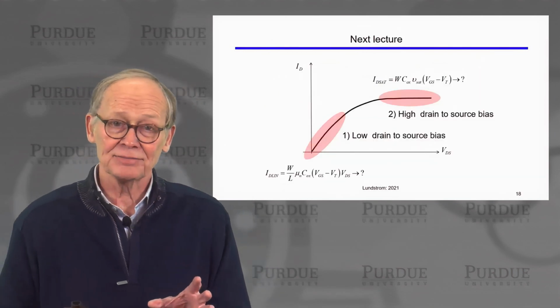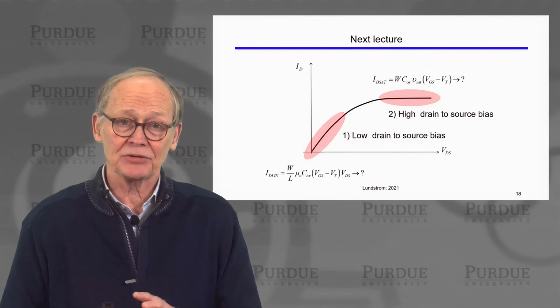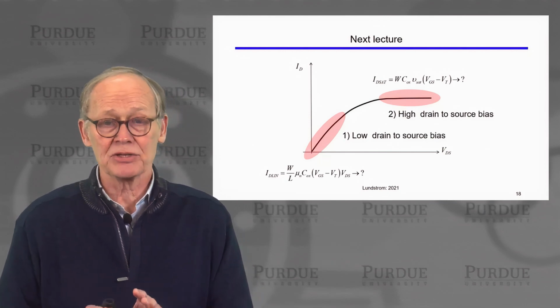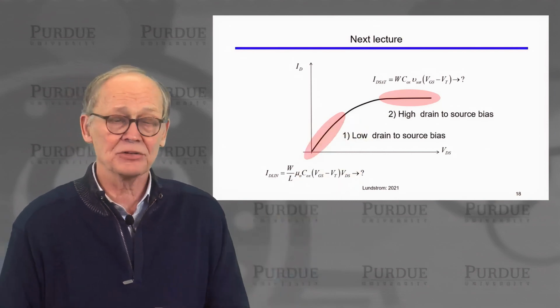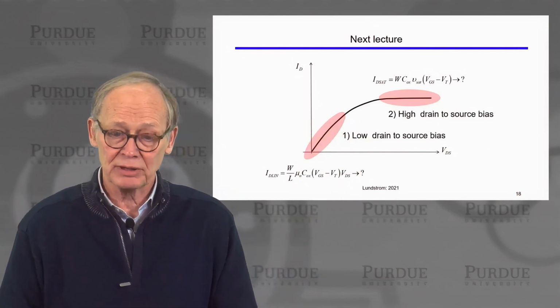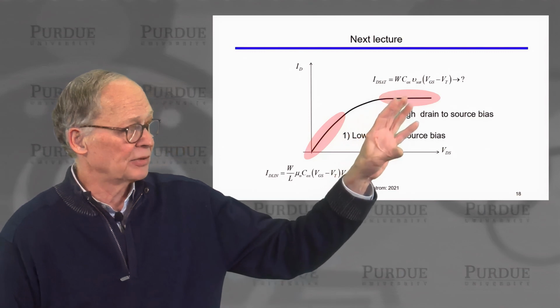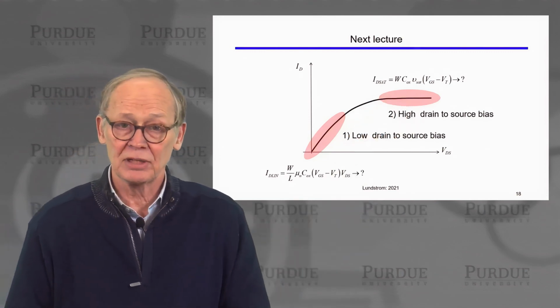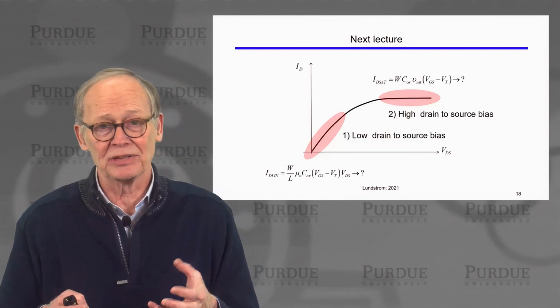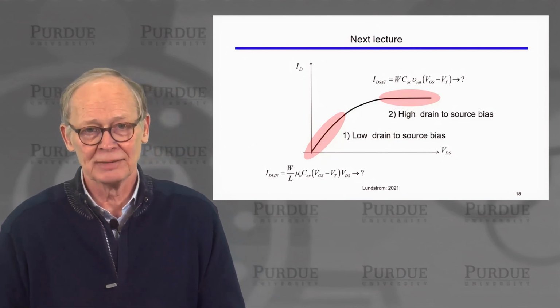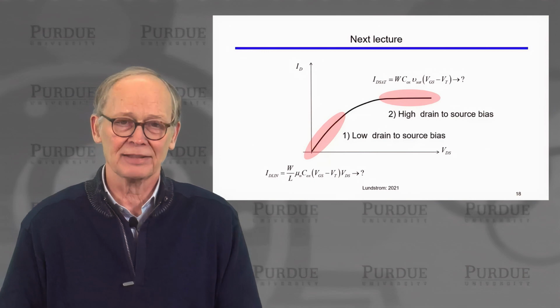In the next lecture, we will take the first step towards applying this current equation to MOSFETs. We'll see how this current equation simplifies for low voltage between the two contacts, and when we have a high voltage between these two contacts, which are going to represent the source and drain of our MOSFETs. So we'll continue the discussion in the next lecture.